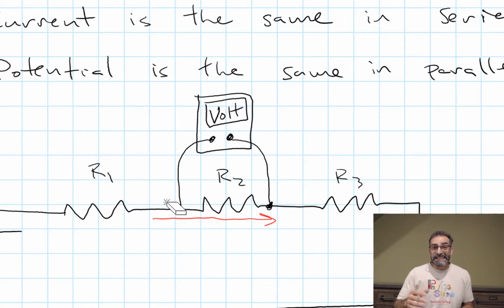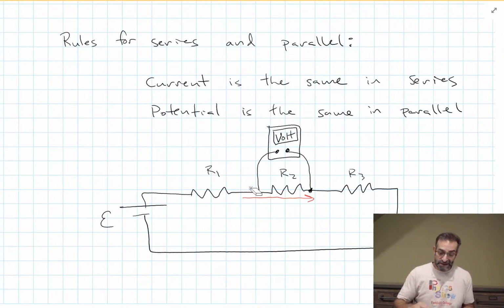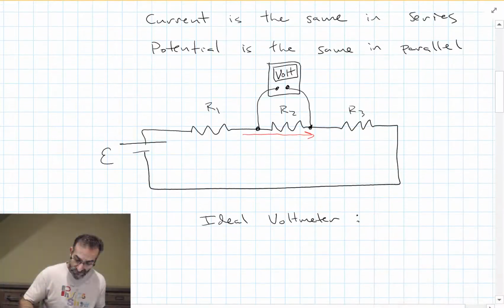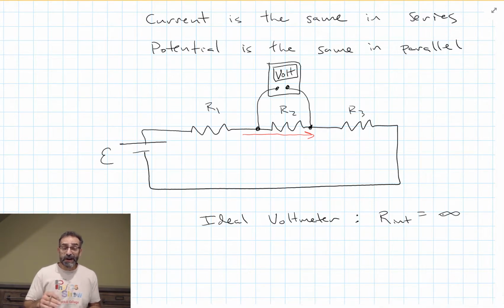That's called an ideal voltmeter, and that would have an infinite internal resistance. R internal equals infinity for an ideal voltmeter. No current goes through an ideal voltmeter.